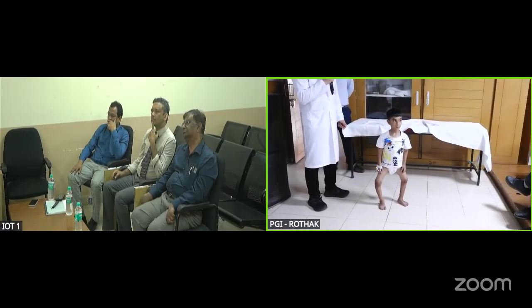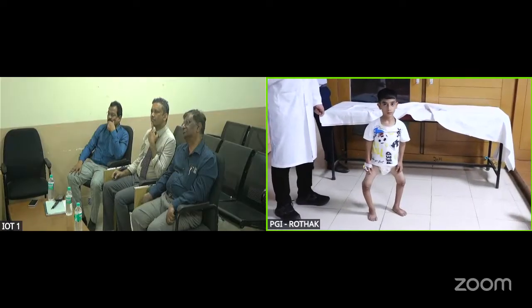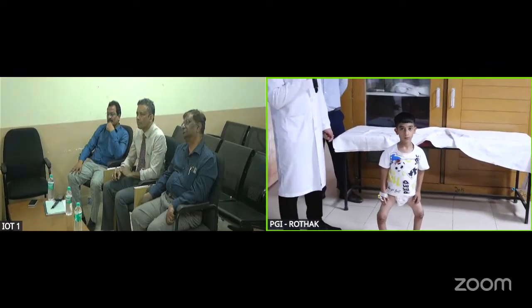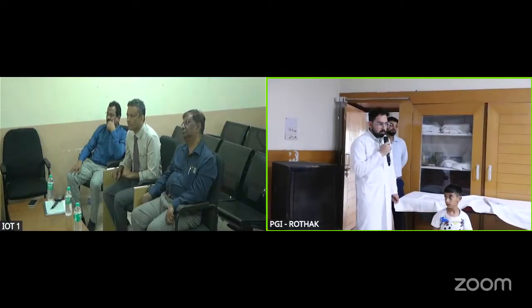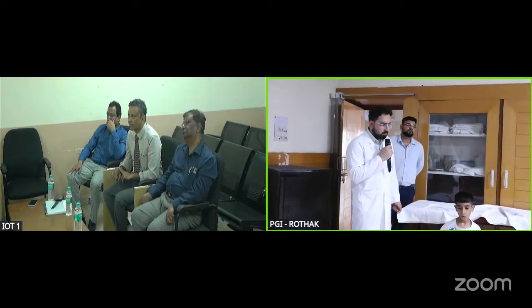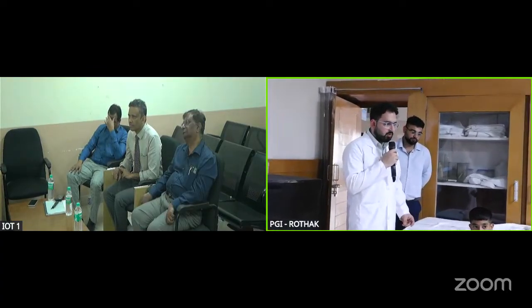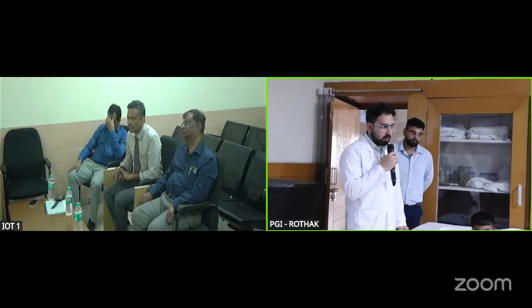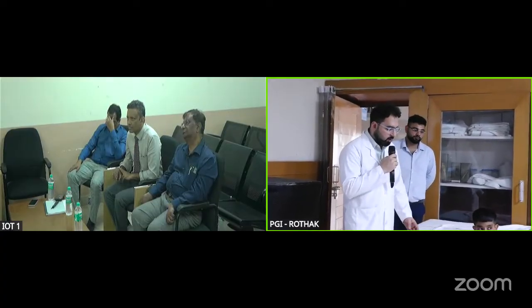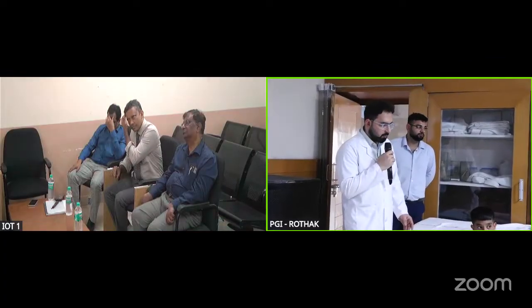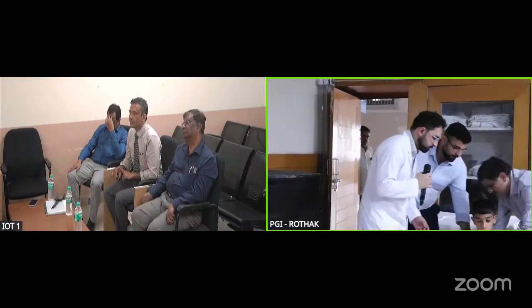Sir, coming to local examination. Short stature is the only clinical finding you found. Anything on the back? Sir, there is increased lumbar lordosis. Demonstrate the exaggerated lumbar lordosis.